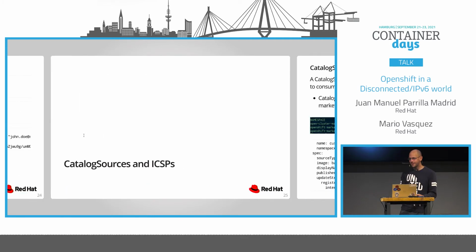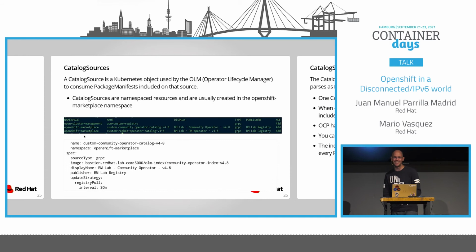So let's go with the catalog sources. This is the big thing. Catalog sources, this is a Kubernetes object that is used mostly by Operator Lifecycle Manager. This Operator Lifecycle Manager is an operator that lives in every OpenShift deployment.